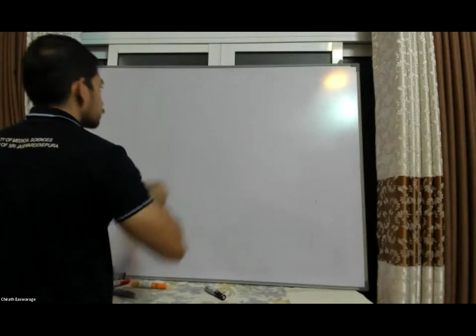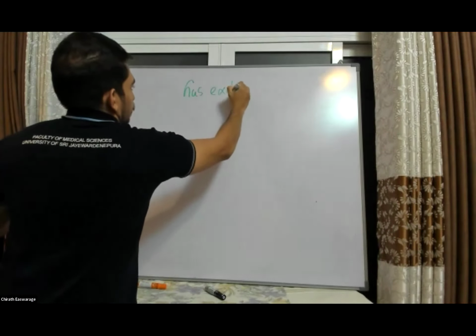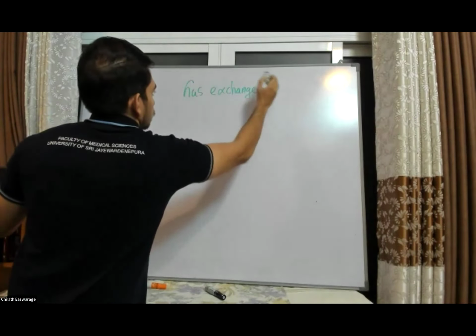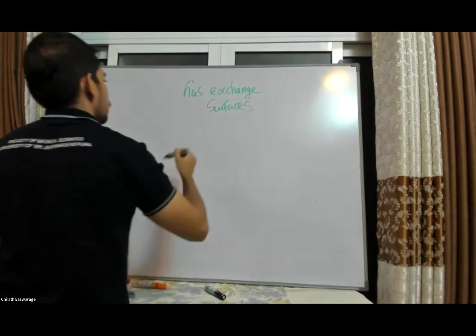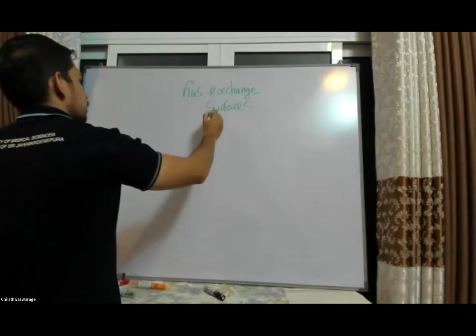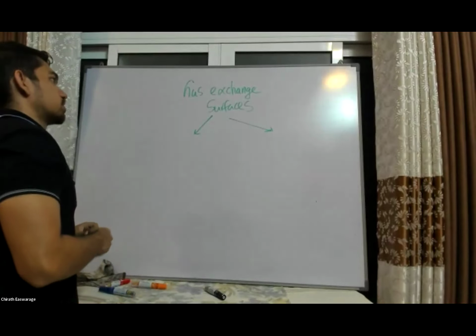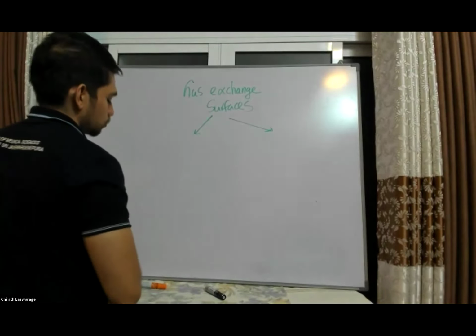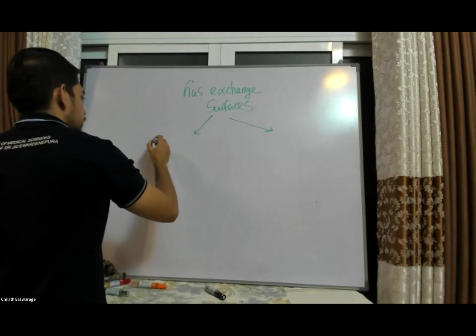You can write down the gas exchange surfaces in the tute or with a pencil on the resource book, in small letters. What are the two types of gas exchange surfaces?